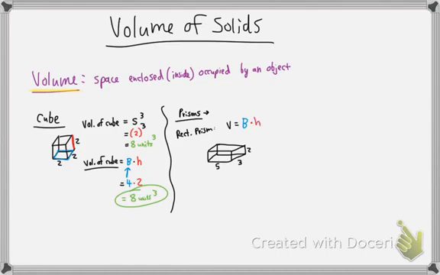So again, what's the base? The base is going to be this bottom rectangle. So 5 times 3, which is 15, times my height of 2, which will give me 30 units cubed.